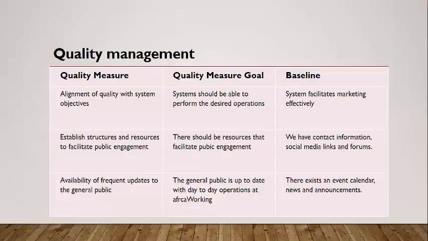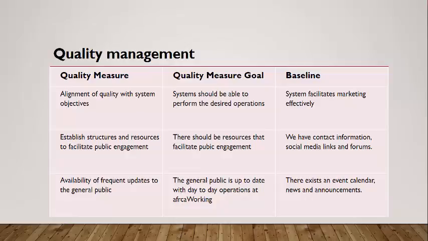So here we had a sample quality management plan where we have the quality measure, then the quality measure goal. For the website, we want to align the quality with system objectives.